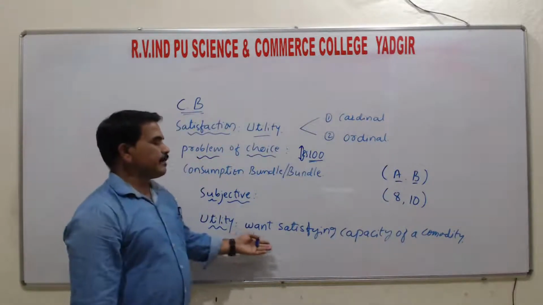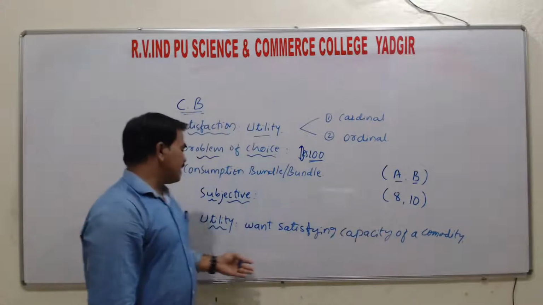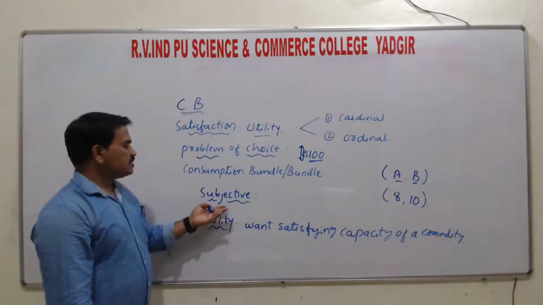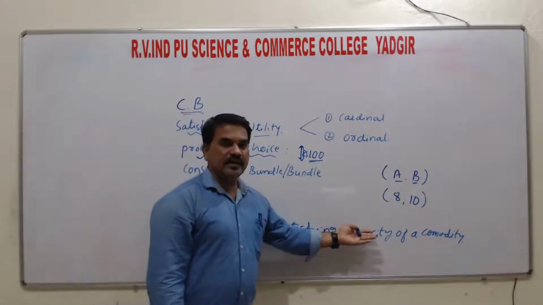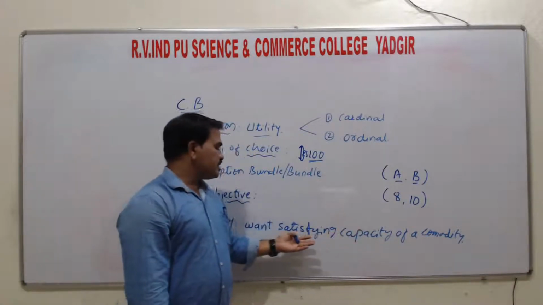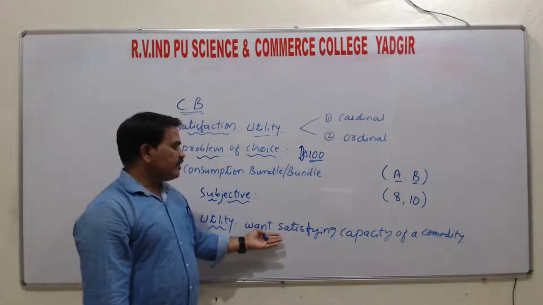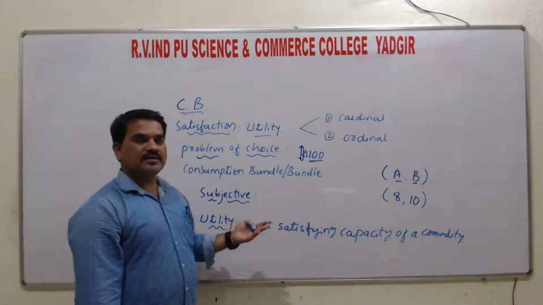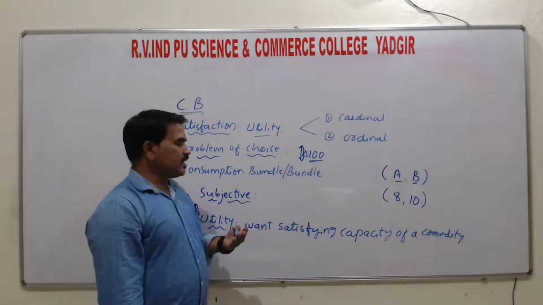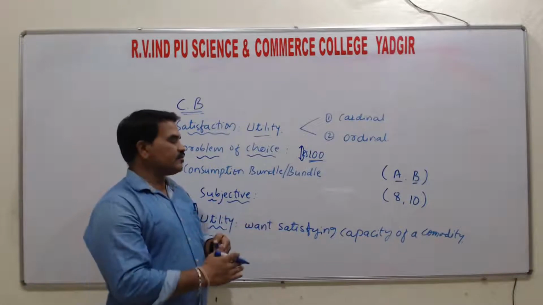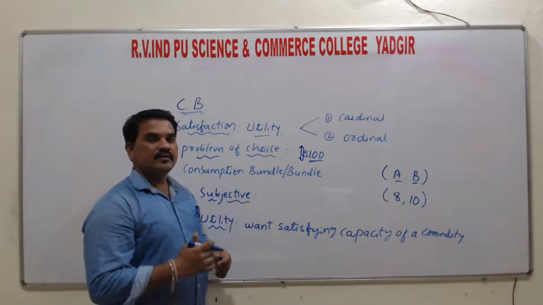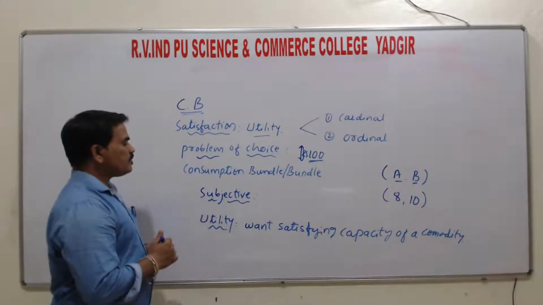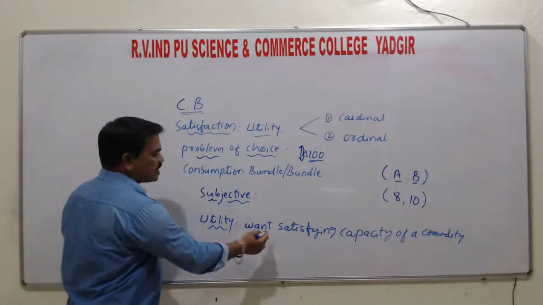The want satisfying capacity of this commodity, we call it utility. And this is subjective because the product which gives us satisfaction varies from place to place, person to person. If some product is giving me more satisfaction, it doesn't mean that the same satisfaction level will be there with the other person. That is why we call it subjective. So you can answer in this way.